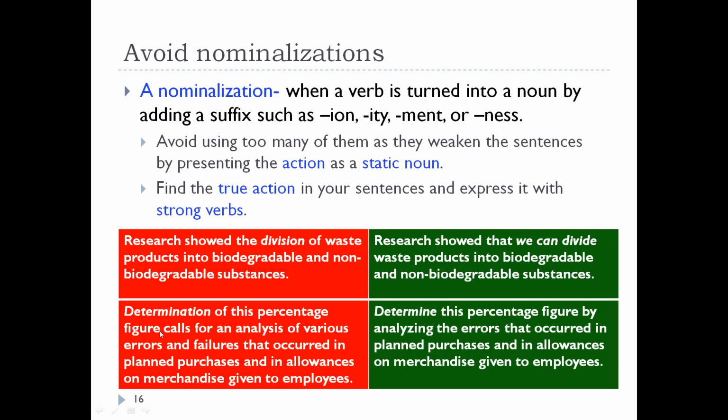Here, determination of this percentage figure calls for an analysis, and things are not that clear, but in this particular sentence things are clearer, and it seems to be less wordy. But wordiness should not be that big of a concern in this case. If a sentence has nominalizations, the first thing that you should do is get rid of those nominalizations.